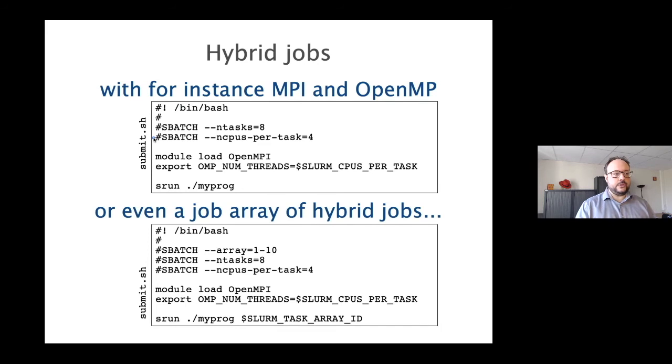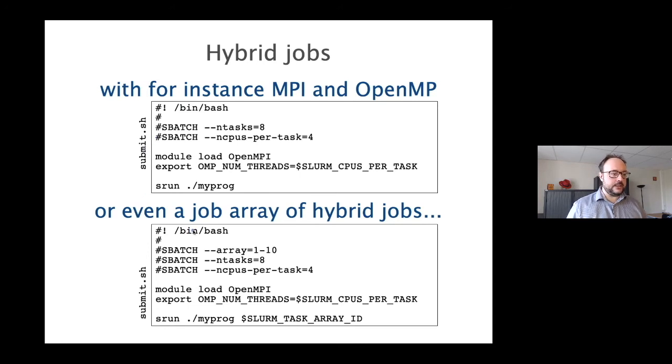So if you have a node with 32 CPUs, maybe this kind of allocation will be set on one single node, but if you have only 16, for instance, it will be split on 2 nodes, but always by groups of 4, so that every MPI process will be able to access 4 CPUs to start the threads.